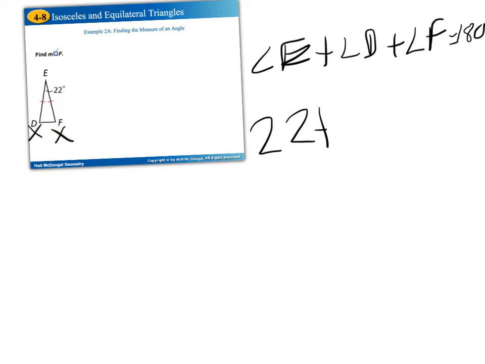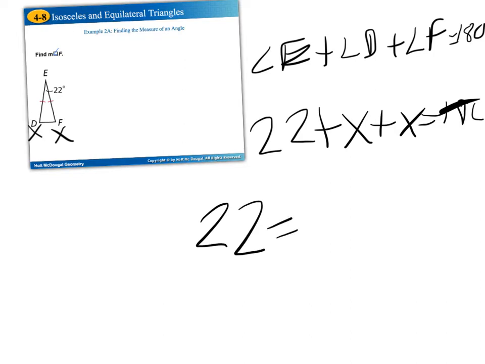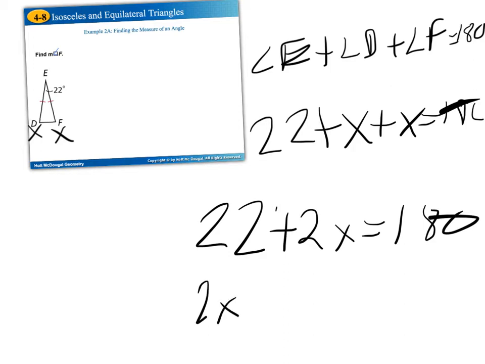So let's do a little math. We've got 22 plus X plus X equals 180. Combine like terms: 22 plus 2X equals 180. 2X equals 158, so X equals 79.